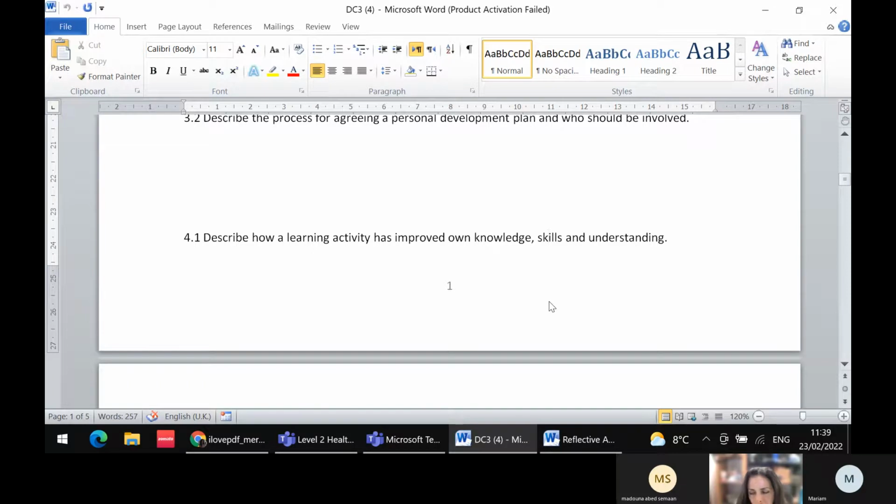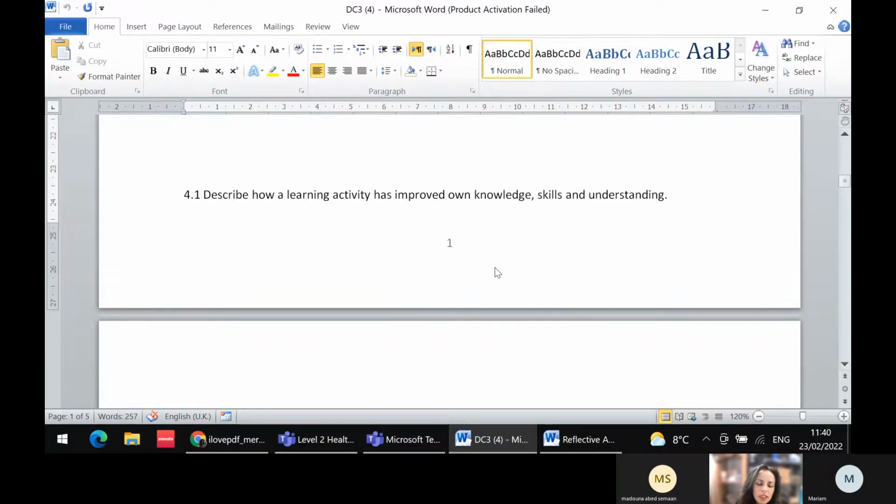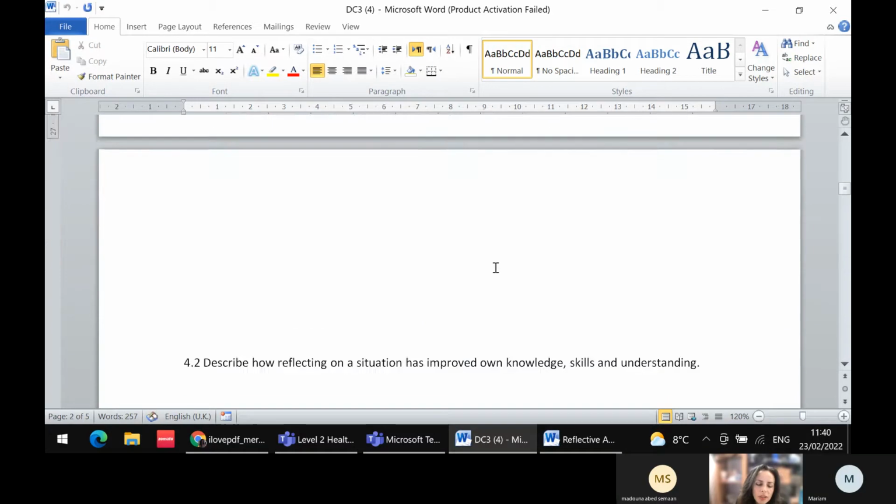So you went to training, even now you learned from this course a lot. I think this is unit 3. You should have learned quite a lot from our level 2 health and social care. So describe how learning activities has improved your own knowledge and understanding. So this is all about yourself.